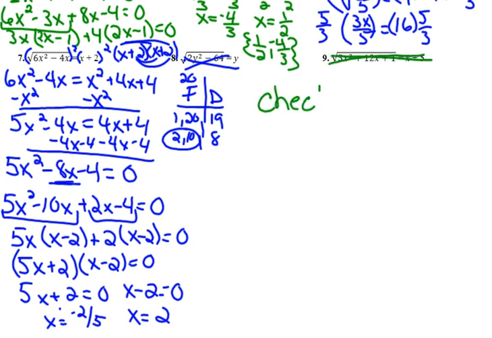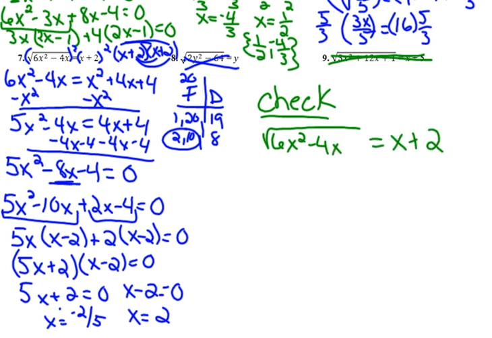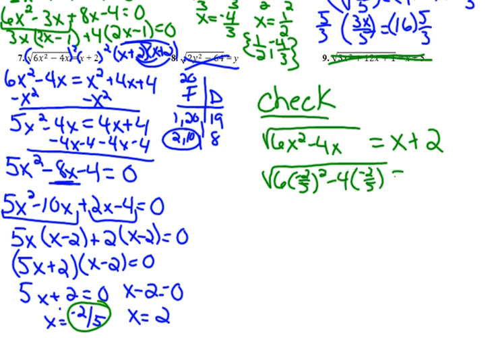So here's my check. This is all still for number 7. My original equation is the square root of 6x squared minus 4x equals x plus 2. My first value that I need to fill in is negative 2/5. So square root of 6 times negative 2/5 squared minus 4 times negative 2/5. Now, thankfully I have a calculator, and I can just put that into my calculator.